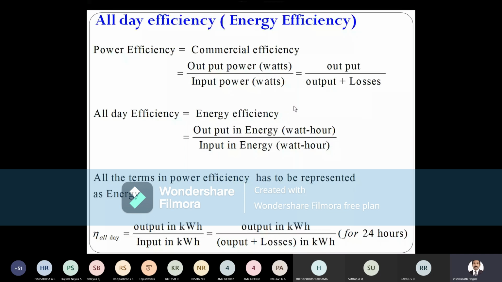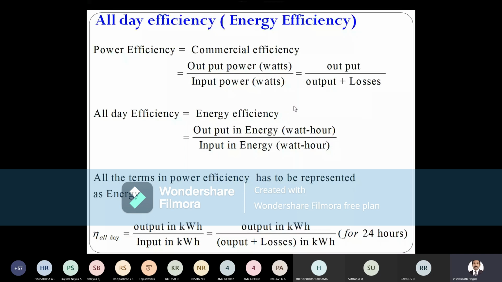So rupees and rupees you can add. Rupees and paise you cannot add. 10 rupees plus 10 paise cannot be 20 paise or 20 rupees. Something like that, I hope you know. We'll now look into the numerical problems. That's all for energy efficiency.